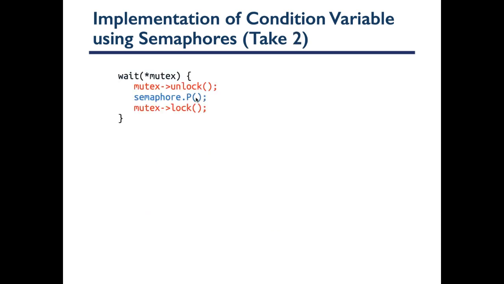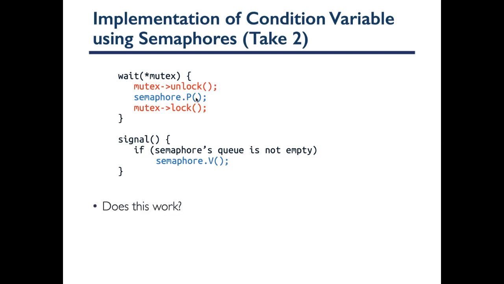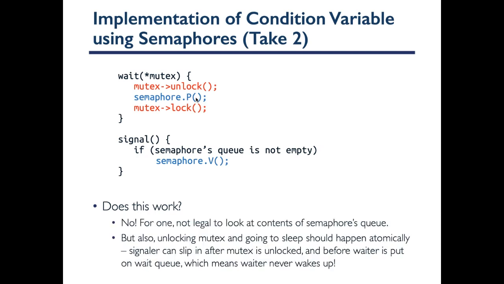Okay, so let's try another implementation. This one is kind of like pseudocode. We haven't changed the wait, it's going to be the same. But for the signal, let's say if the semaphore's queue is not empty then call V. If the semaphore's queue is empty, then don't call V. What about this implementation? Well, there are two bad things about it.